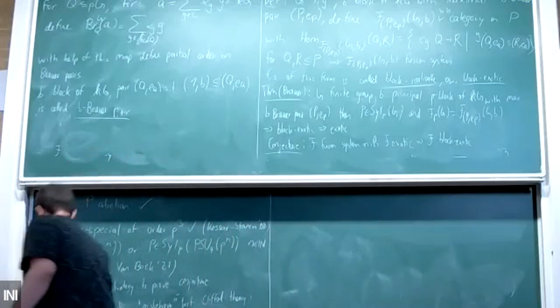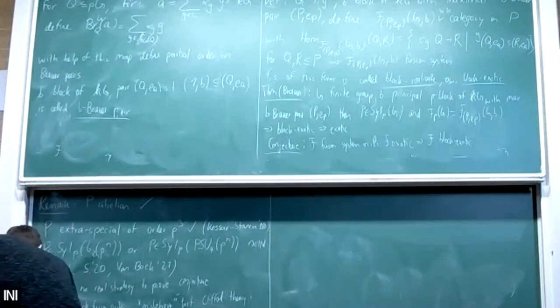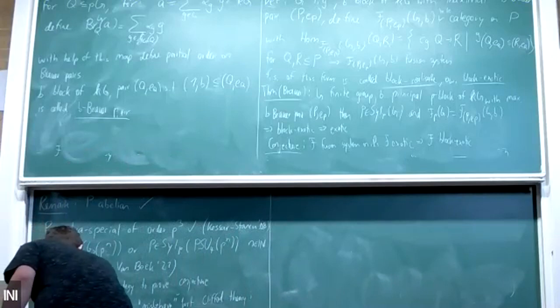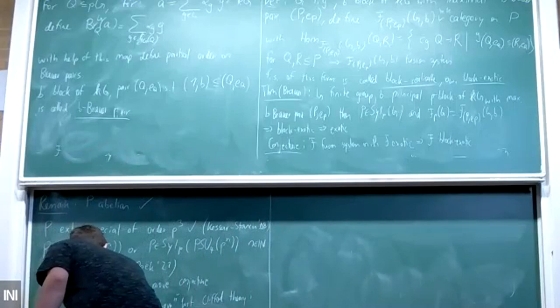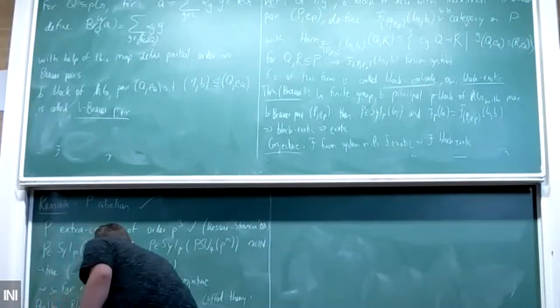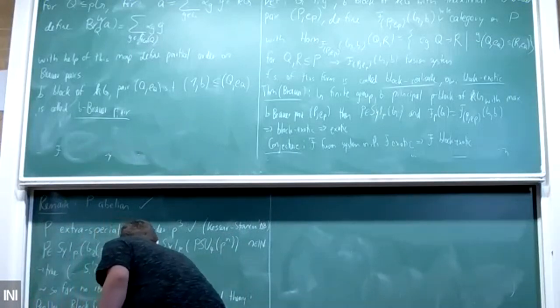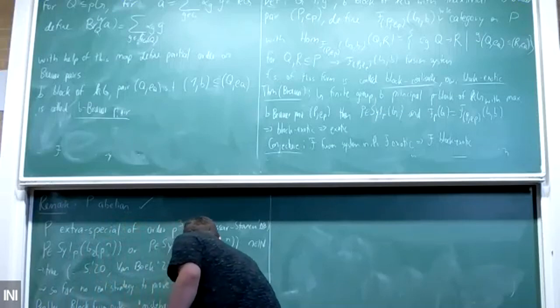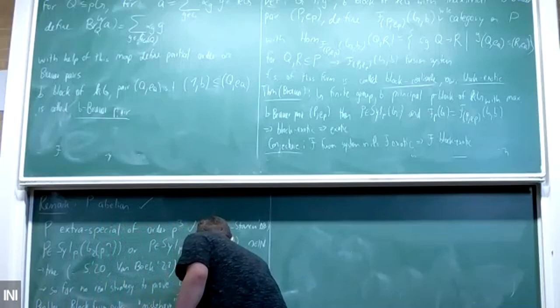So if I take a normal subgroup N of G, and I take C, a block of kN, which is covered by a block B of kG, that means BC is non-zero.